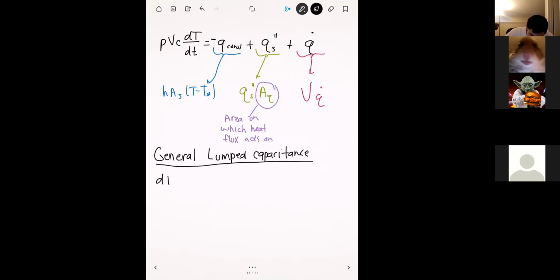We're going to have dT/dt plus h A_s divided by rho V c times T. Notice here that we're not doing our substitution for the excess temperature, although you definitely could. That's definitely an option for you here. But I'm going to show you the general lump capacitance where you don't make that substitution.